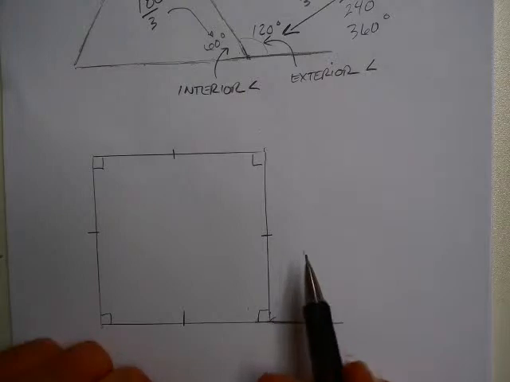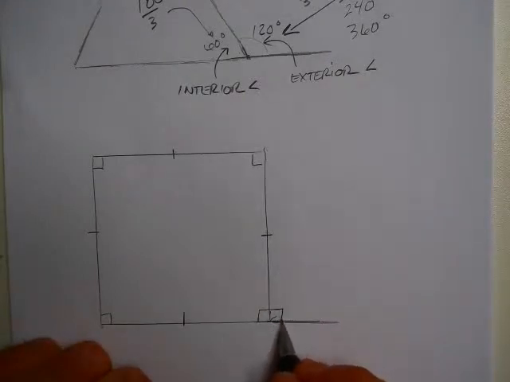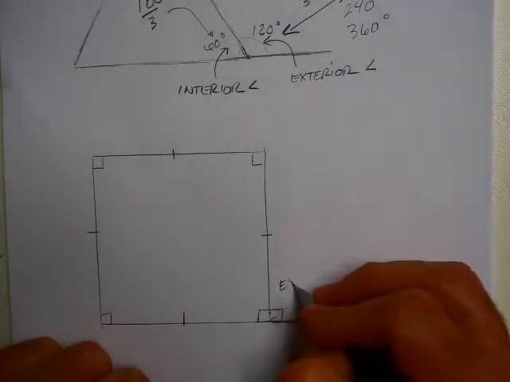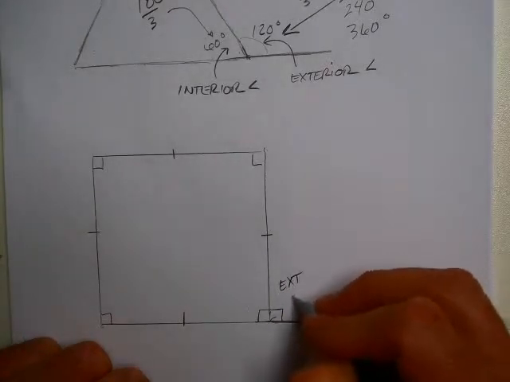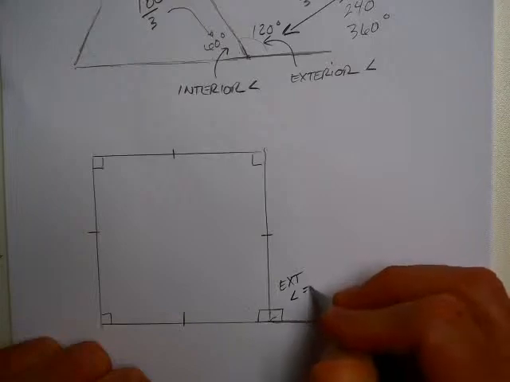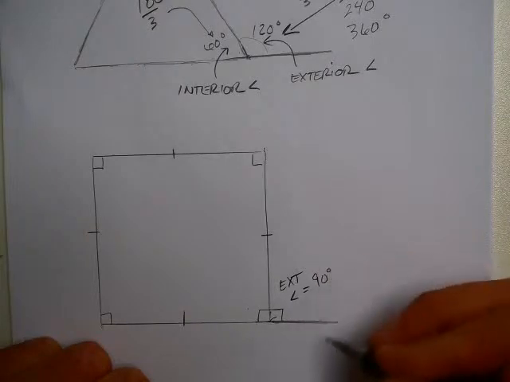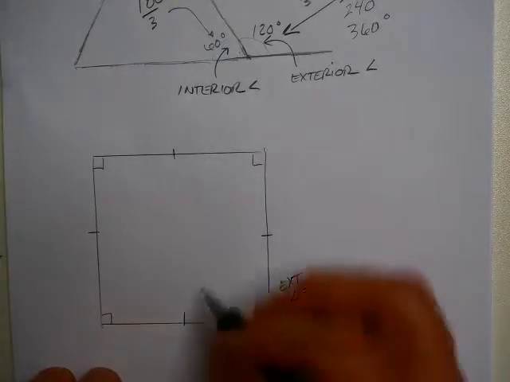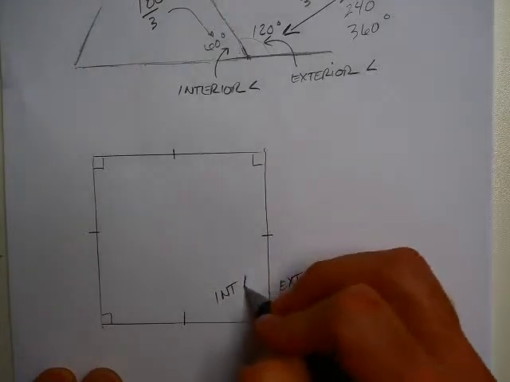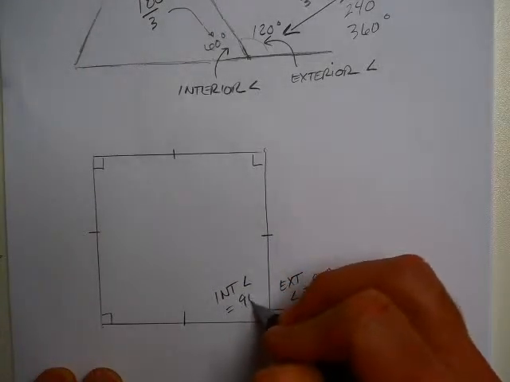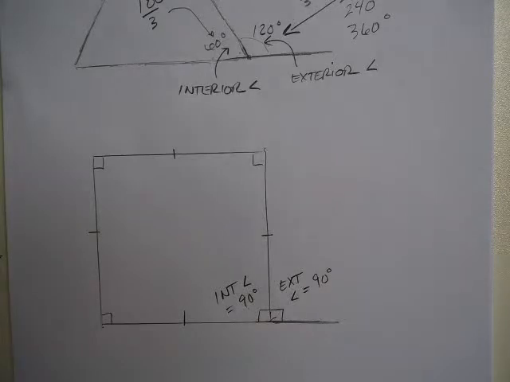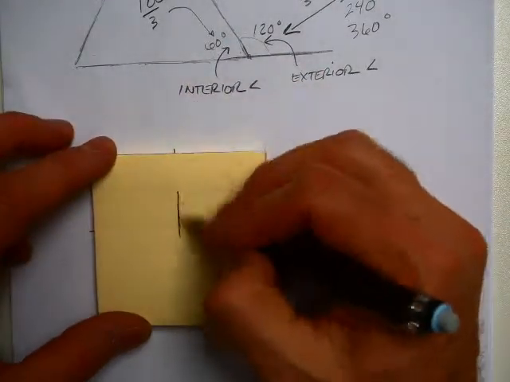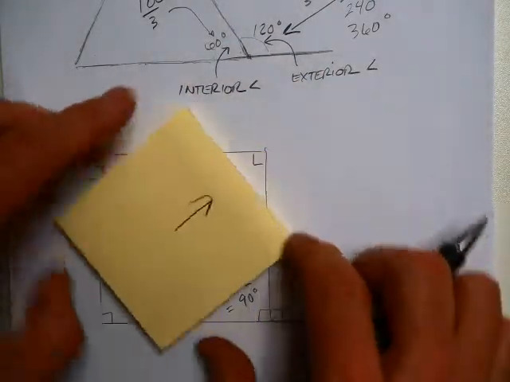Yeah, 90, because 90 plus 90 is 180. A straight line always makes 180 degrees. So my exterior angle is 90 degrees. And my interior angle, and how many degrees of rotation do I have to go from this to that?